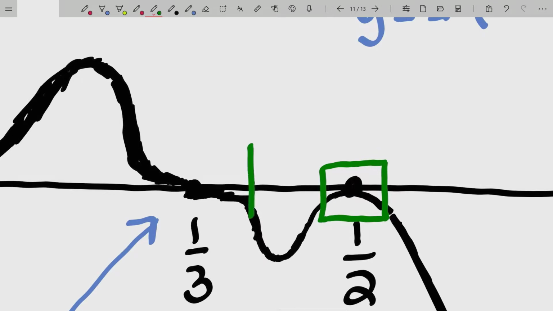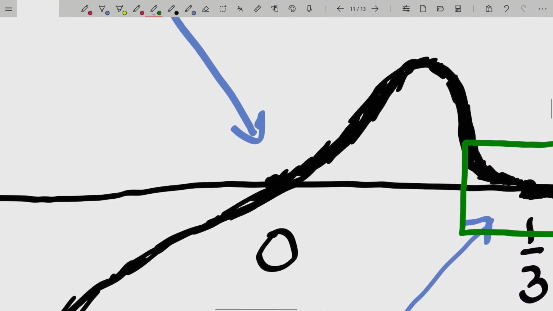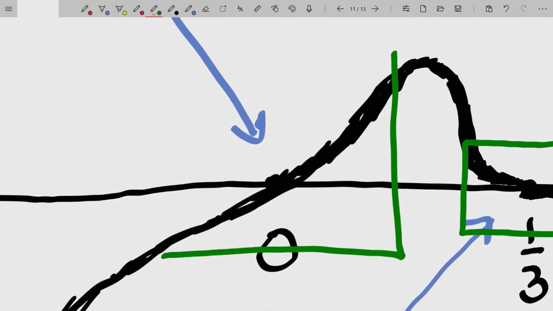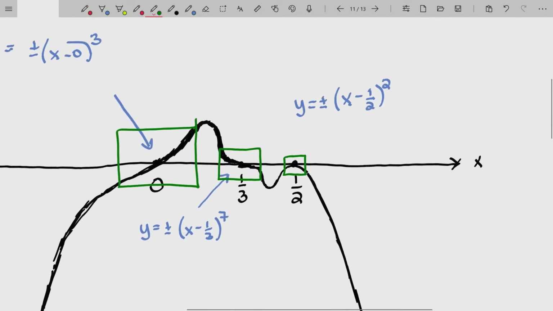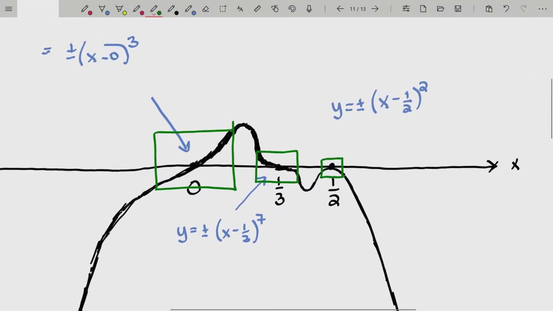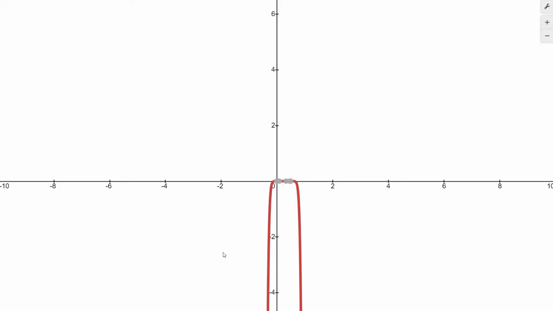And this one right here, locally, totally does look like x to the 7th power upside down. And right here, again, very locally, it does look like a cubic. But if you were to graph this in something like Desmos, you would find out very quickly that your graph is not super accurate here.